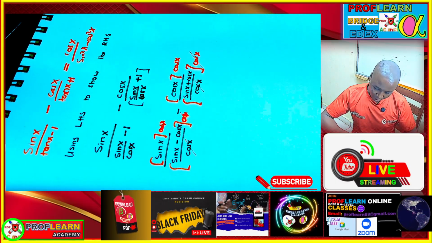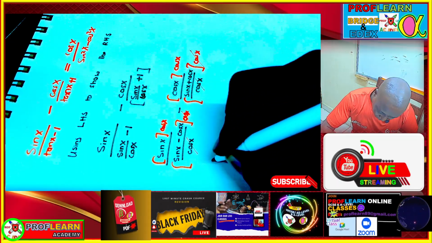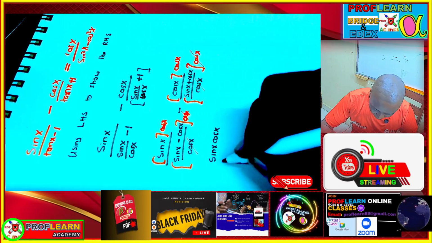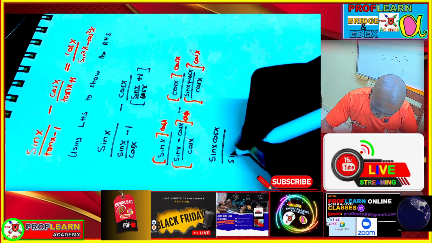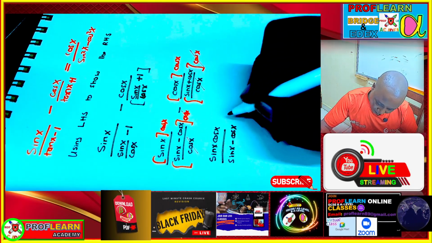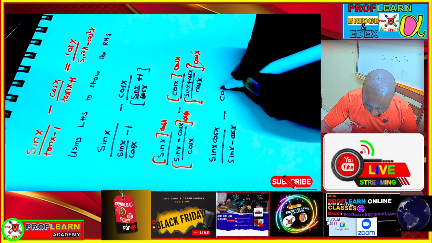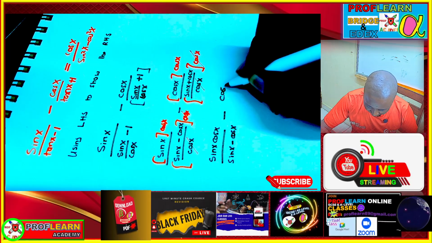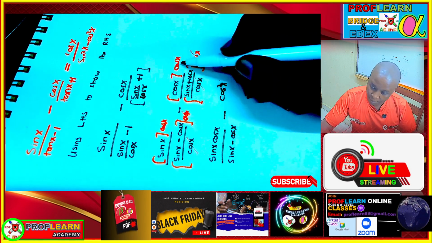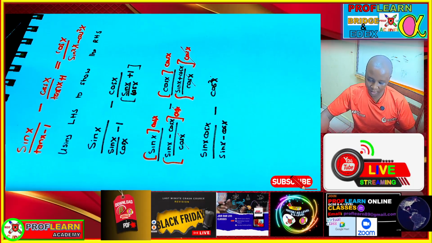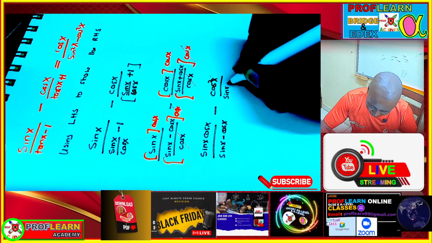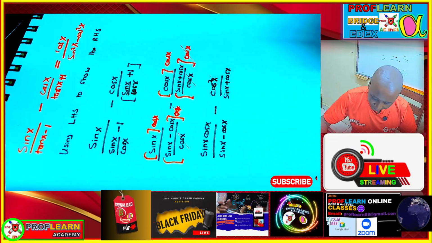So we are going to remain with sine x cos x over sine x minus cos x, minus cos x squared, because cos times cos is going to give us cos x squared, over sine x plus cos x.